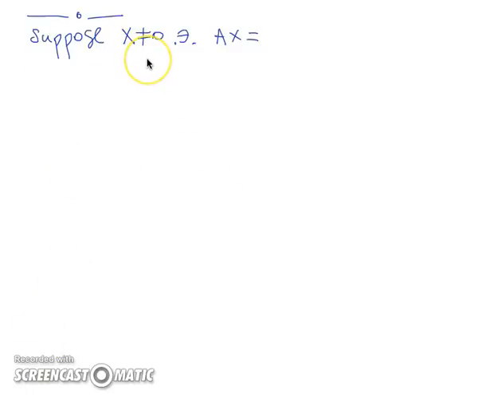So suppose we consider a non-trivial vector x such that A times x equals lambda x. In other words, suppose that we have an eigenvalue lambda of the matrix A with a corresponding eigenvector here denoted by x. So now let's consider the 0 power in terms of matrix multiplication.